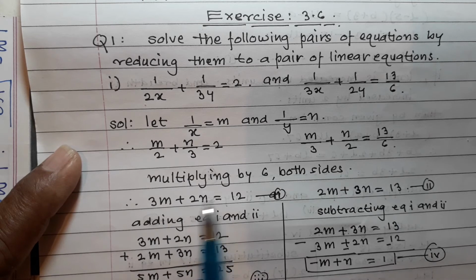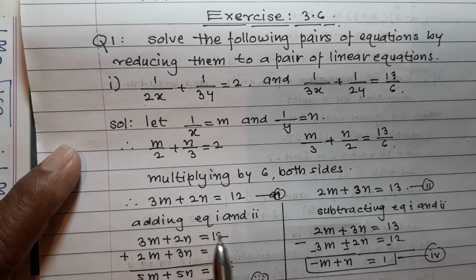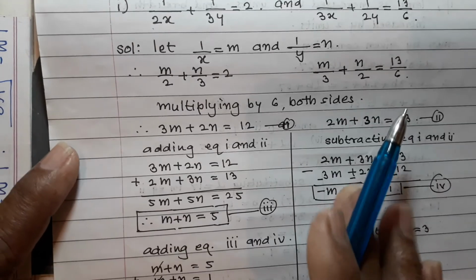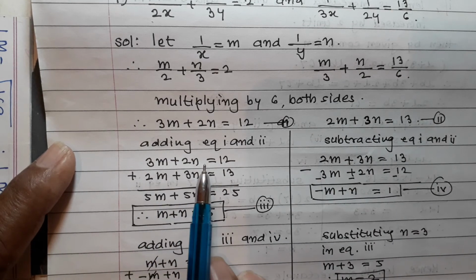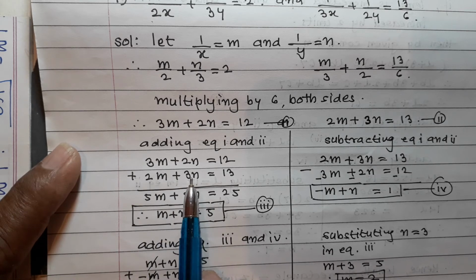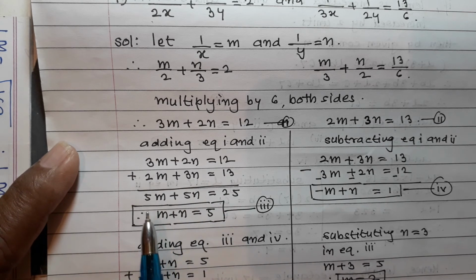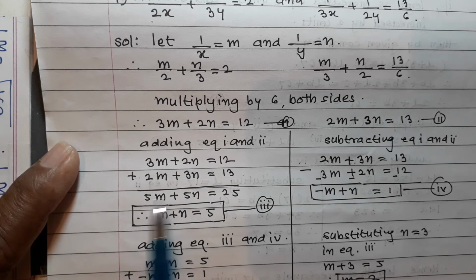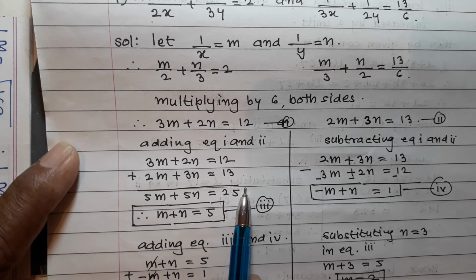Then observe your equations and decide whether to subtract or add. Adding equation number 1 and 2: 3m plus 2n plus 2m plus 3n is equal to 5m plus 5n is equal to 25. Here you take 5 common, so m plus n is equal to 5, dividing by 5 throughout.